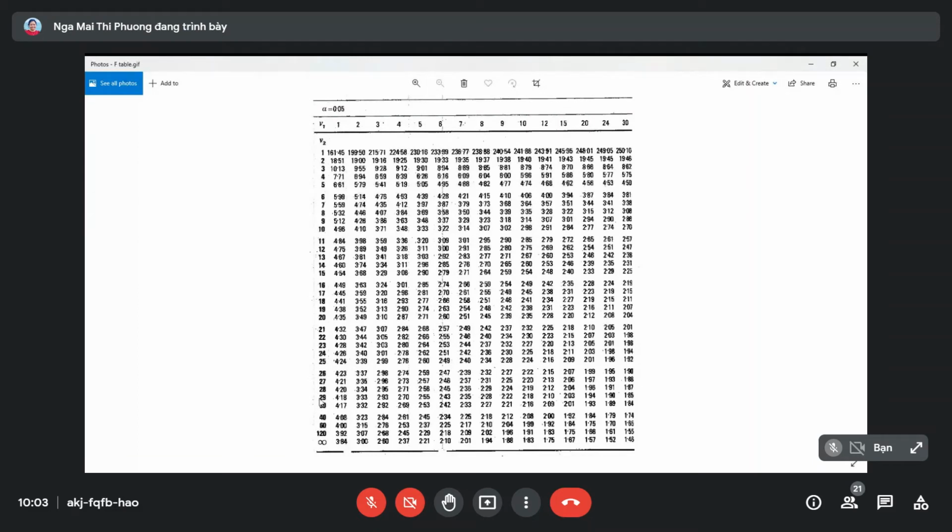And variance of treatment, how many? 2. 2. So you cross 29 with 2. And what is the value? 3.33. Okay, to see here, it is 3.33.